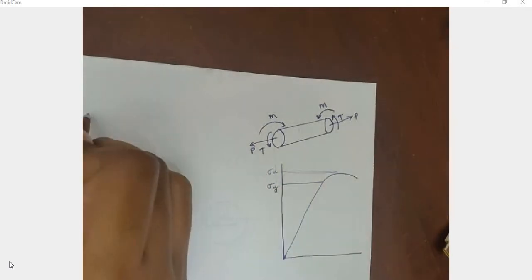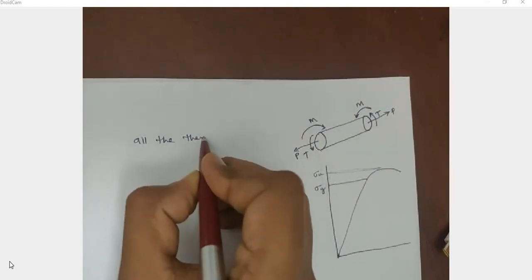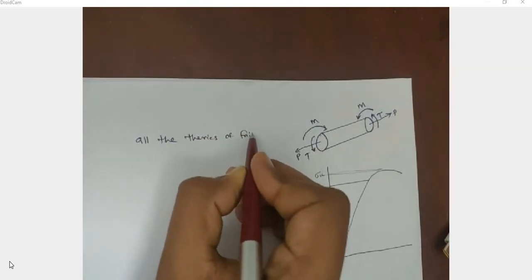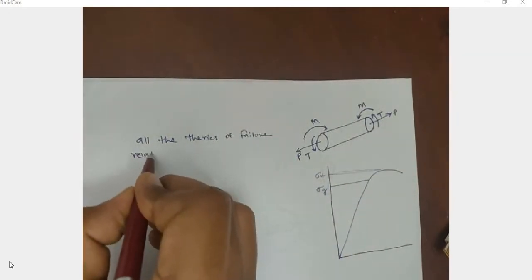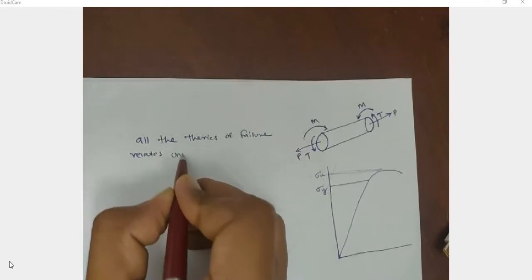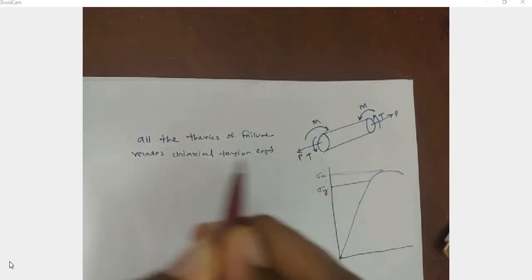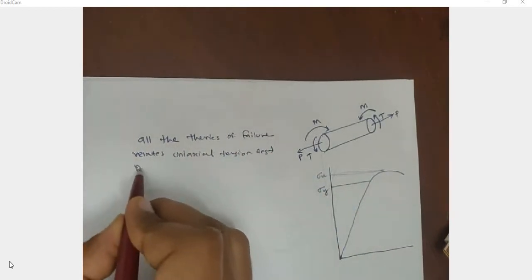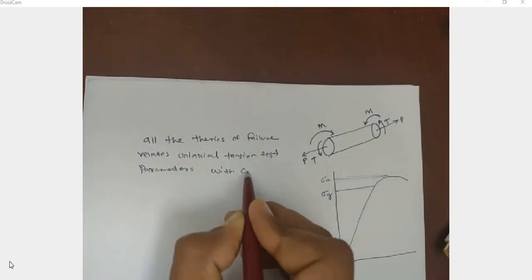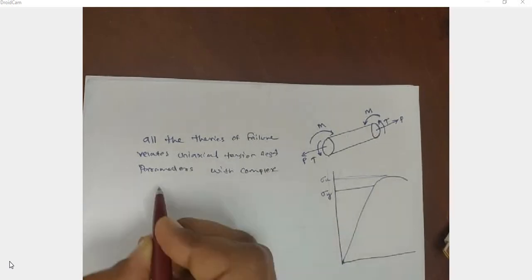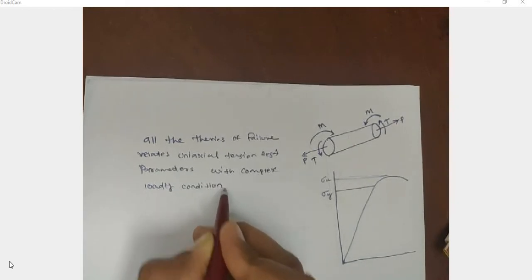So all the theories of failure actually relate the uniaxial tension test parameters with the complex loading condition. This is very important.